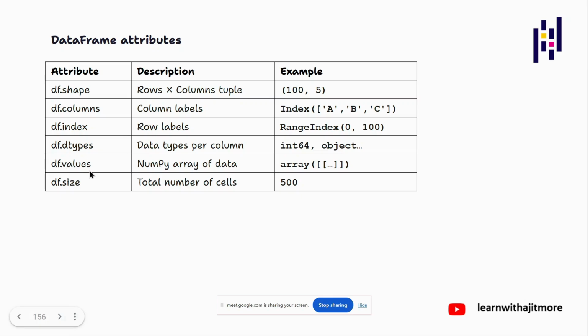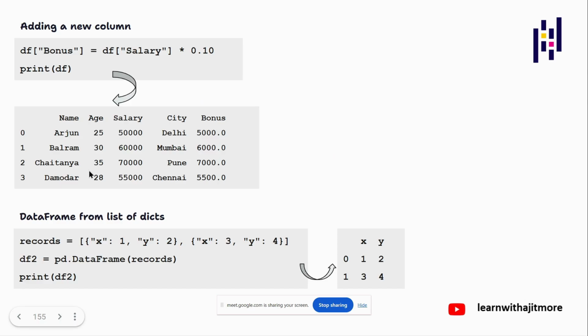And then df.values. So whatever values are there in your DataFrame, these values, Arjun, 25, 5000, it will return them as a NumPy array. So this is one array, second array, third array, an array of arrays, a 2D array. A NumPy array is returned.